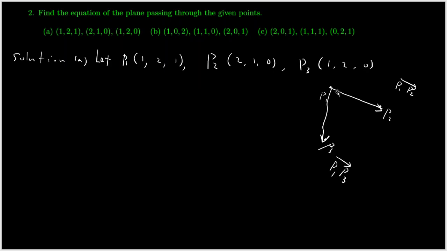Anybody want to tell me how to use these two vectors P1, P2 and P1, P3 to get a vector perpendicular to the plane, using something we learned before? Please, I'm looking for a term. Which vector is perpendicular to the plane? Performing what operation on P1, P2 and P1, P3 can you get a vector perpendicular to the plane?